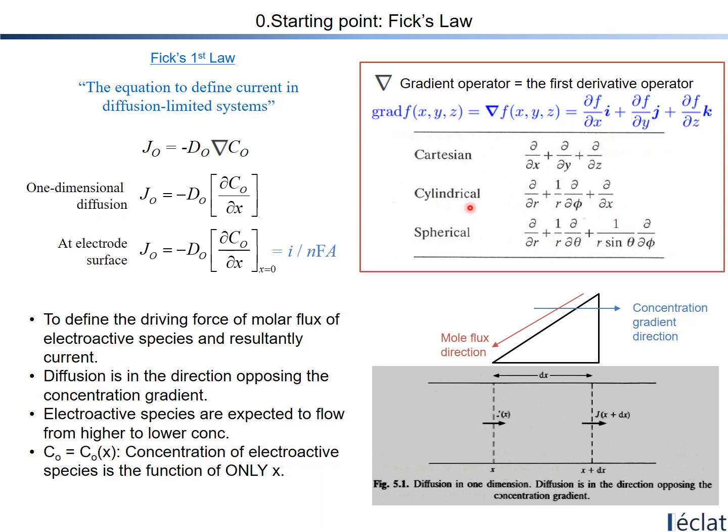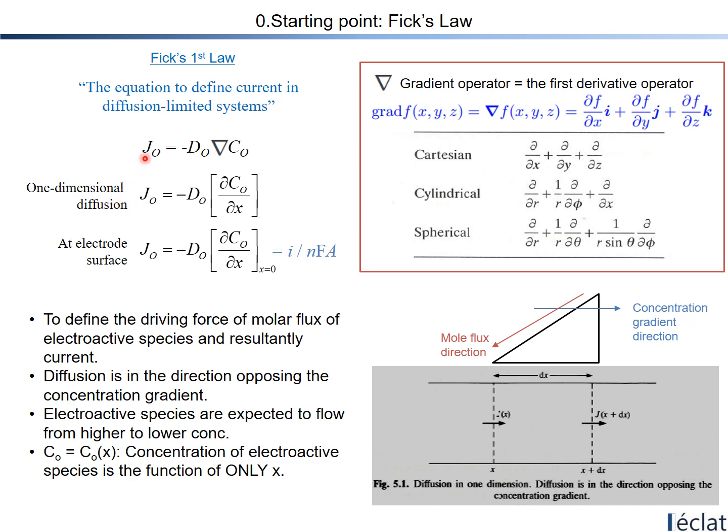In this course, in most cases I will assume only one-dimensional diffusion from the electrolyte to the electrode surface or vice versa. So we will consider only one single x-axis.